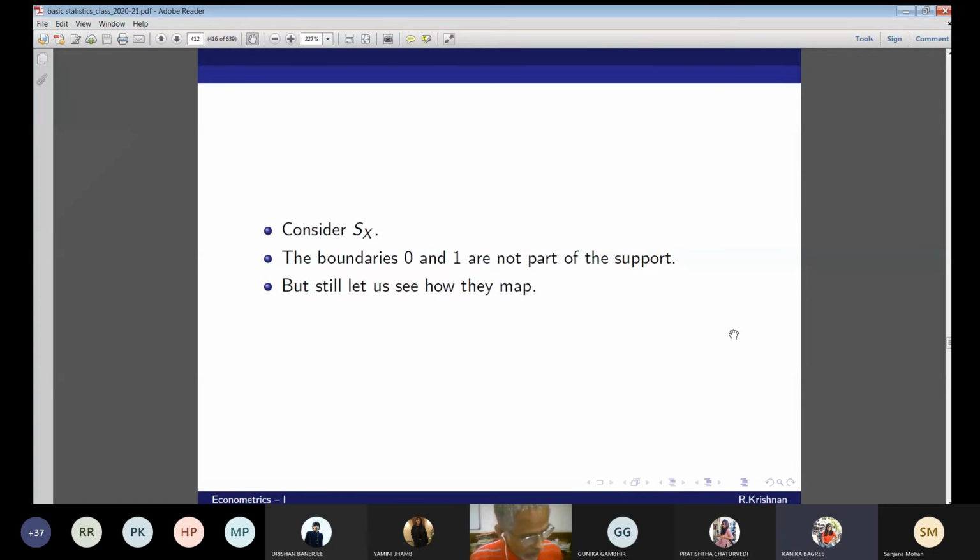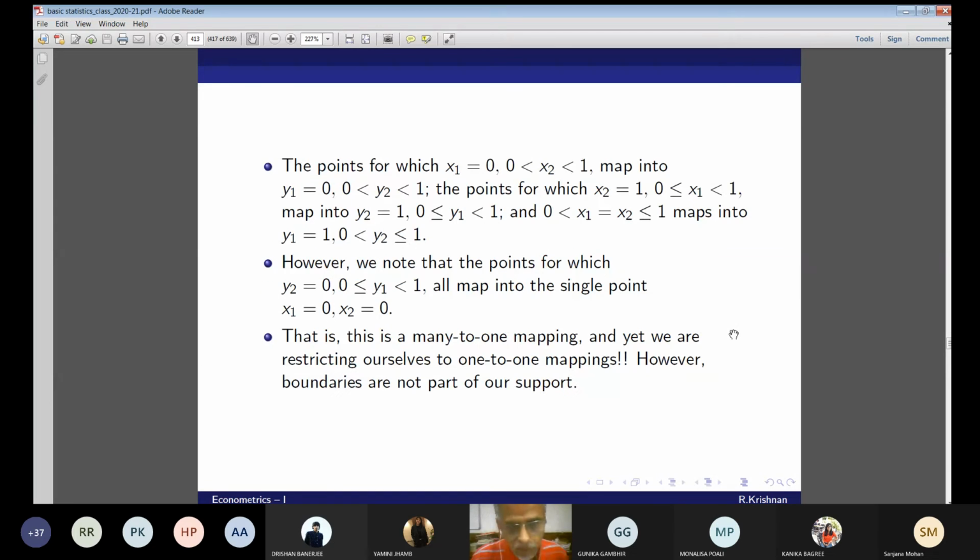Next, the points for which x2 equal to 1, with 0 less than or equal to x1 less than 1, map into y2 equal to, okay, let me give this. This is the mapping. Even though it is not necessary to solve it, sometimes it is very useful to draw the figure to get the support of y properly.